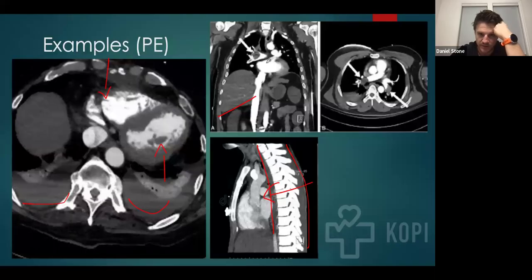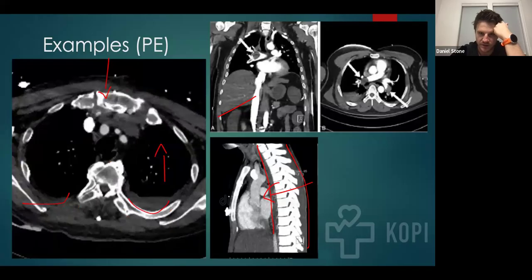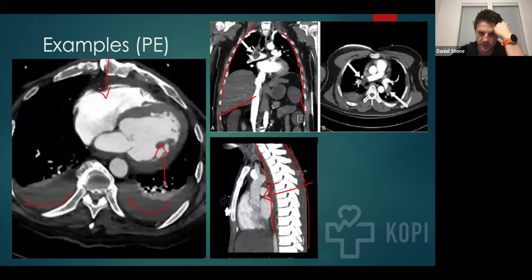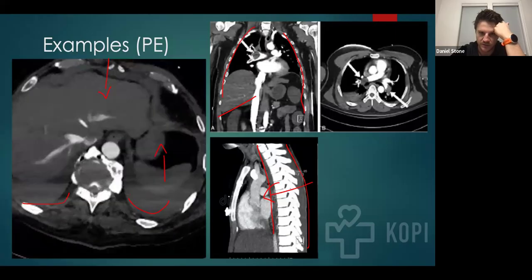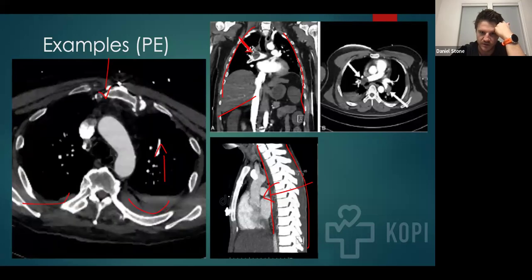The coronal representation creates a good representation of the patient's chest as it would be otherwise seen in a PA or an AP radiograph. And in this example is a good example of what an embolus looks like.